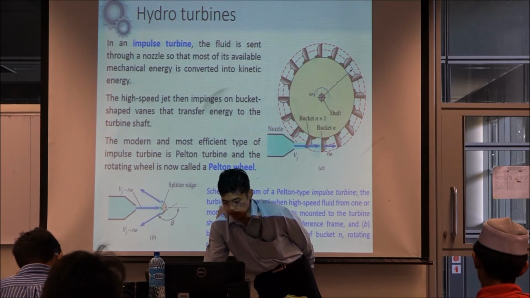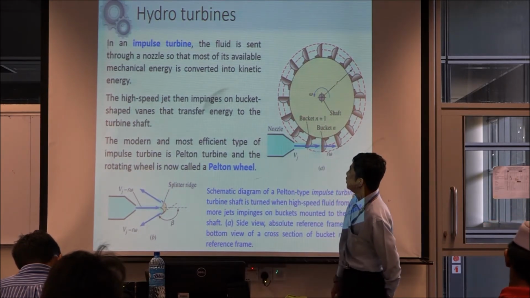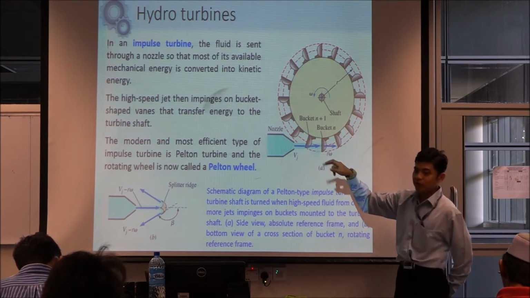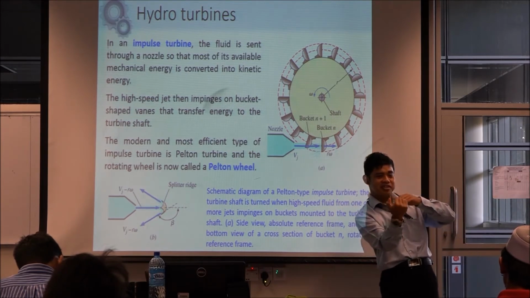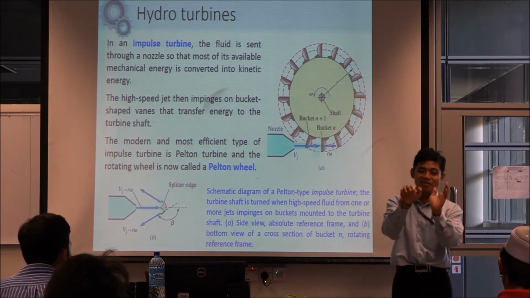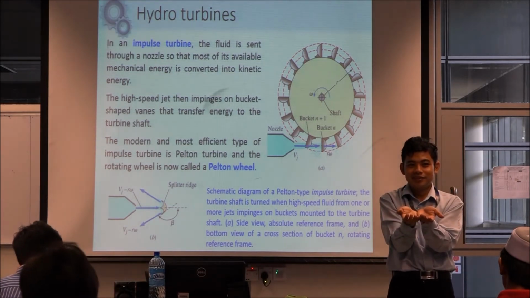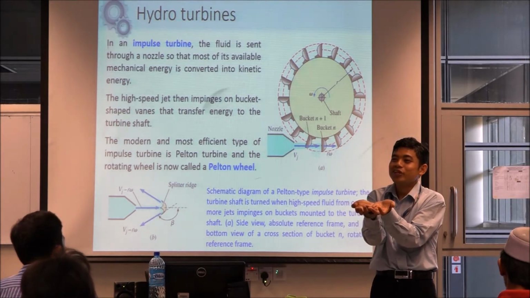Now let's look at the Pelton wheel. If you look at the Pelton wheel that we have there, can you see from the front? You just see from the side. Do you see how the bucket looks like? It's like a spoon. 1 spoon or 2 spoons?